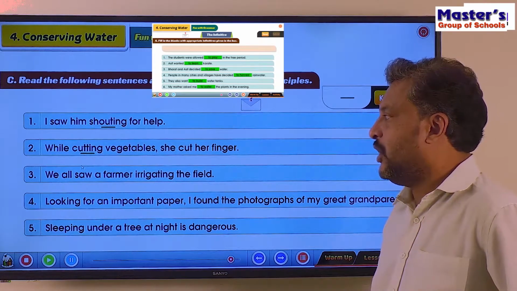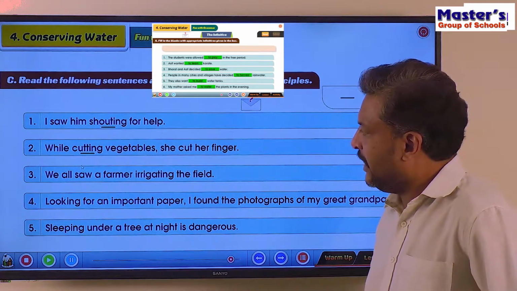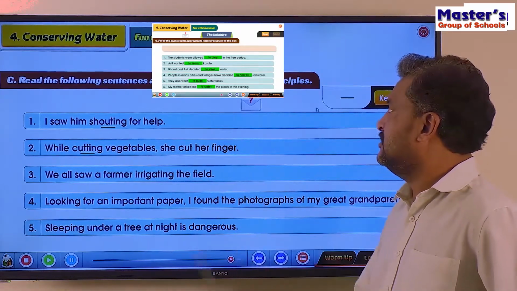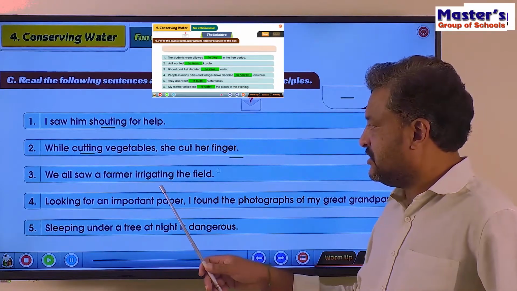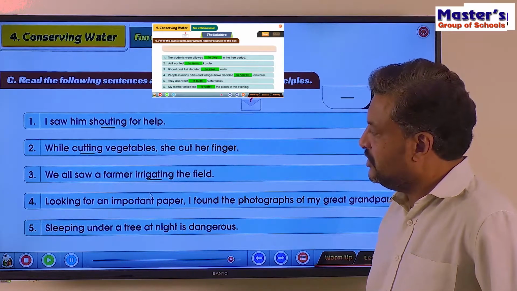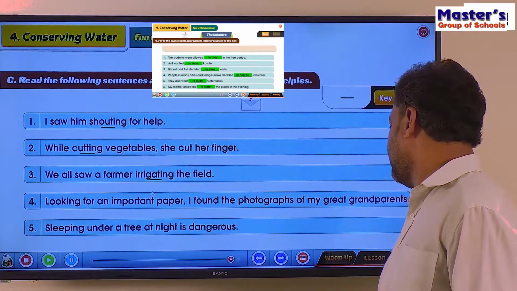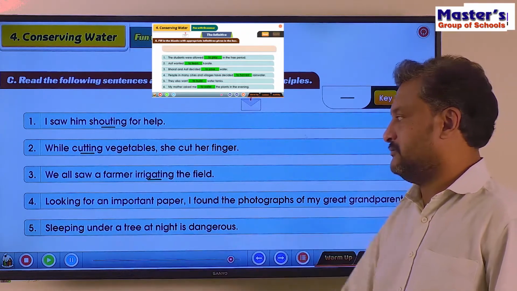Yes. We all saw a farmer irrigating the field. Ing form of the verb is irrigating, isn't it? Yes, that is the present participle also. So what should we do? We should draw a line under irrigating. Right. Looking for an important paper, I found the photographs of my great-grandparents. Yes, looking.